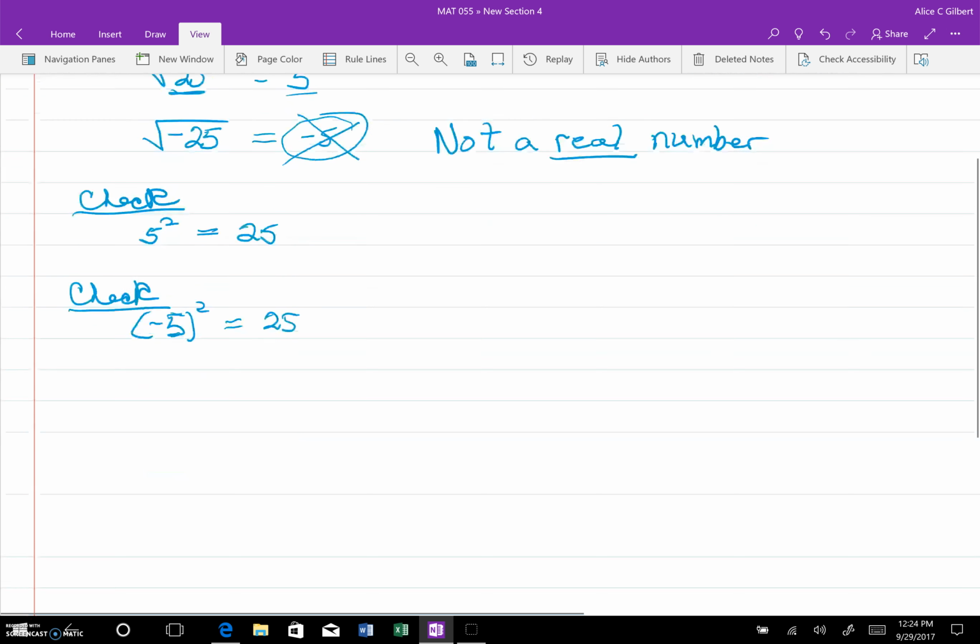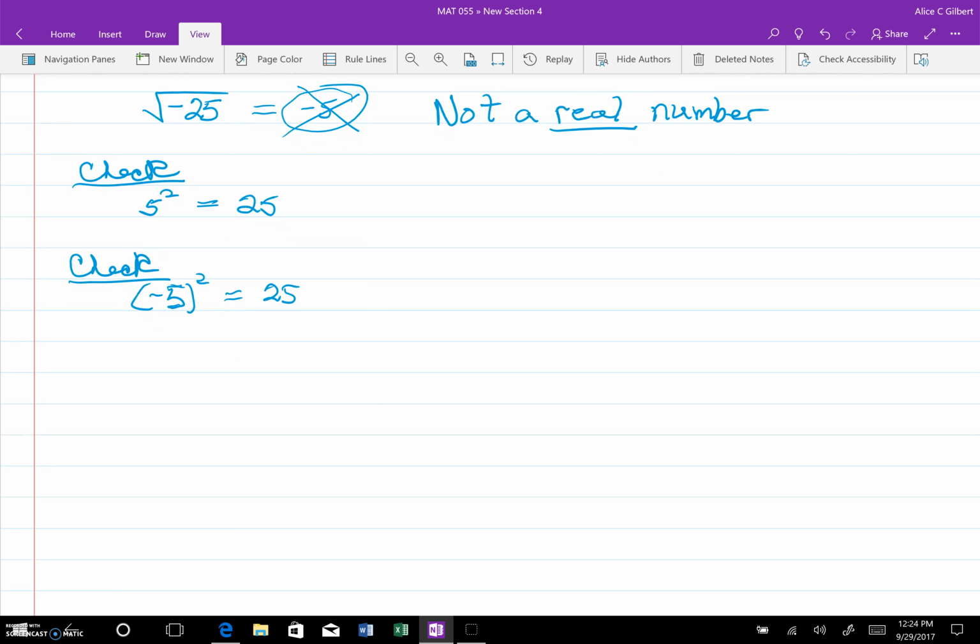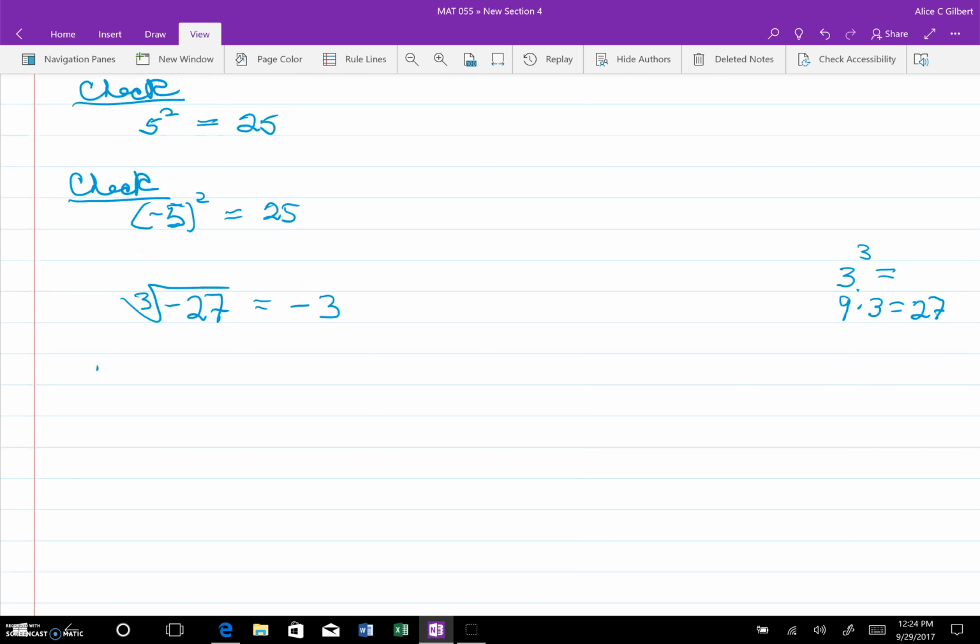Now let's be careful. What if I had the cubed root of negative 27? Well, the cubed root of 27 is 3, because 3 to the third is 3 times 3, which is 9, times 3, which is 27. So this could just be negative 3. Let's check this.